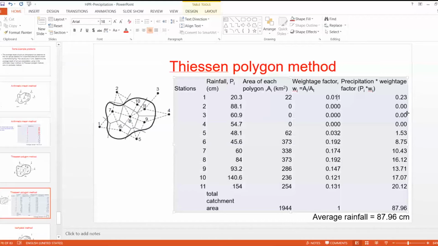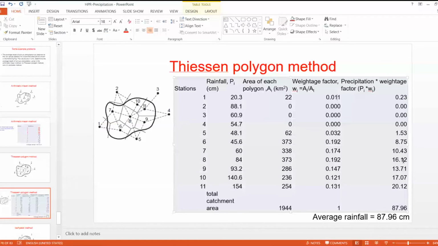Yes, sir. So now we have calculated the mean precipitation of the polygon surrounding each rain gauge station. Now we add together all of these rainfalls.